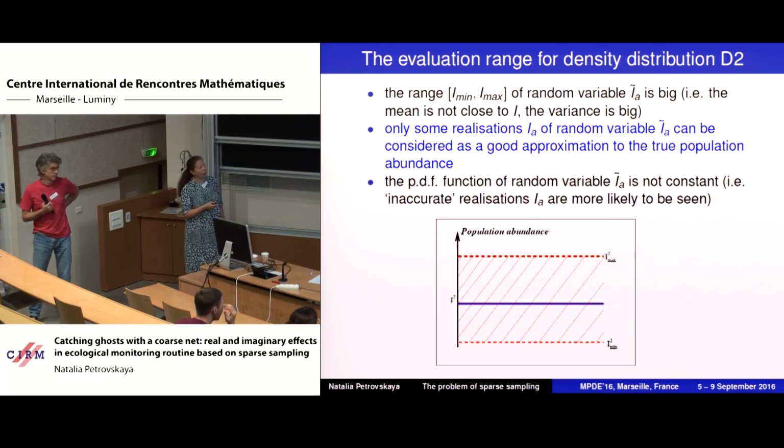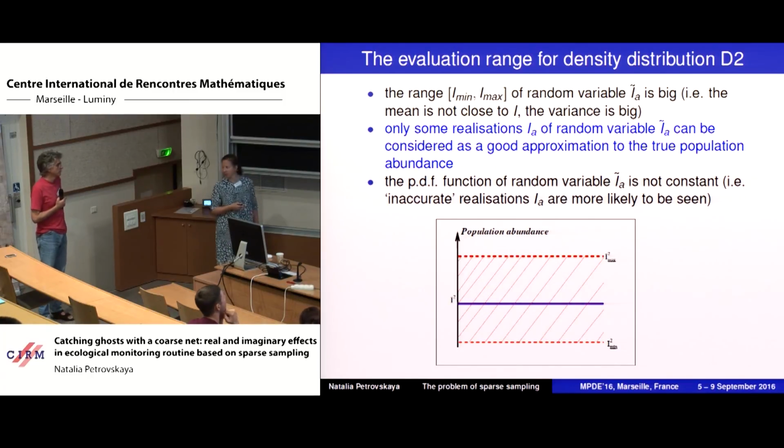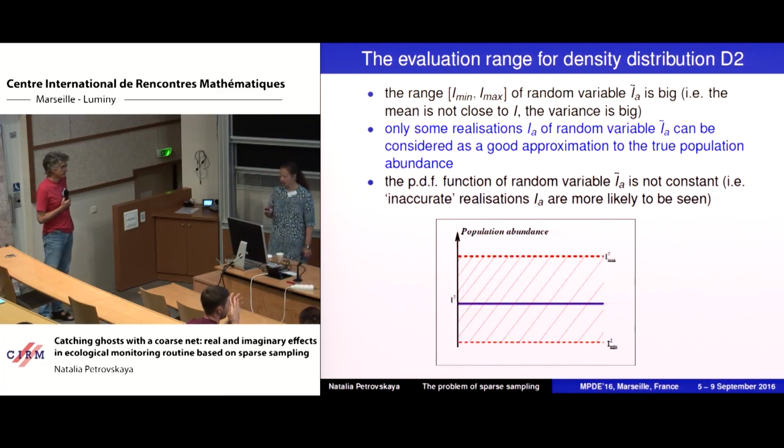And what is our chance to get close to this true value of the population abundance? When we have a regular grid, at least we can predict the chance. It can be high or low, but we can do something about it. If you have a random grid of points, then I'm not quite sure what happens there. So we have to investigate it in a similar way, but with one complicating factor that we have some extra randomness in our problem. I agree.